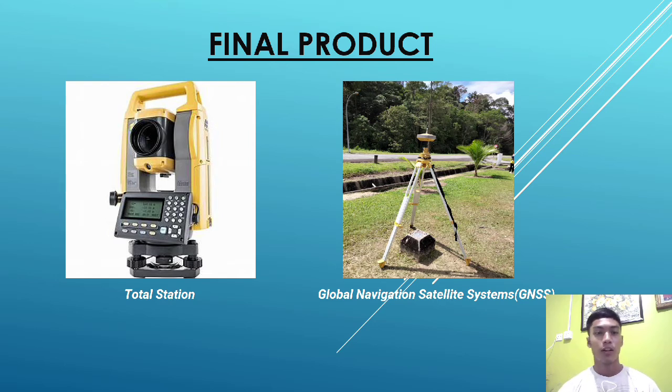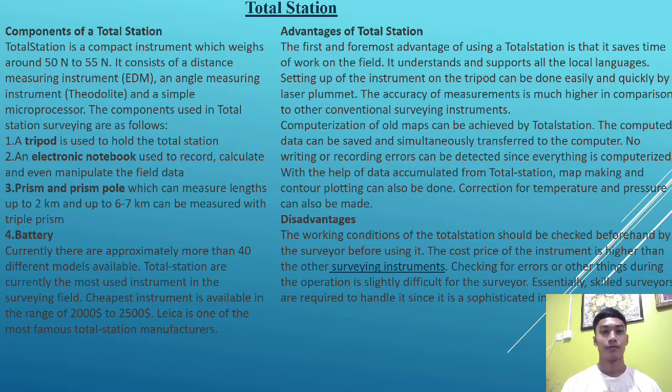Today, I will explain about the final product. The first picture is the total station, and the second picture is Global Navigation Satellite Systems, or we call it GNSS. Components of a total station.